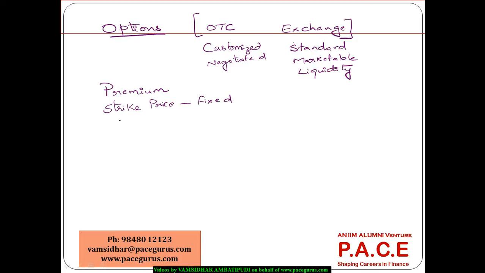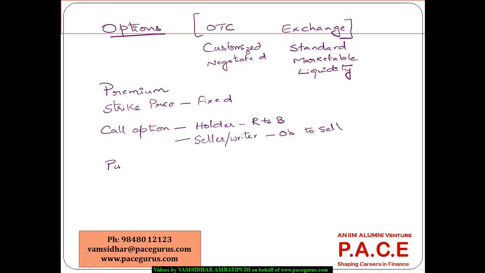We have already discussed what a call option is. It's a derivative security which gives the holder the right to buy in future, and from the seller's or writer's perspective, he is obligated to sell.